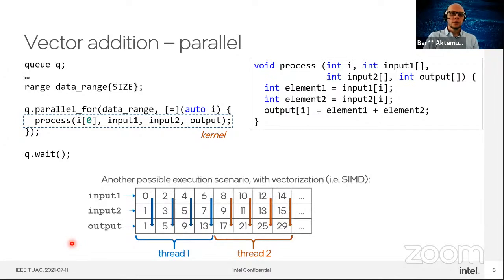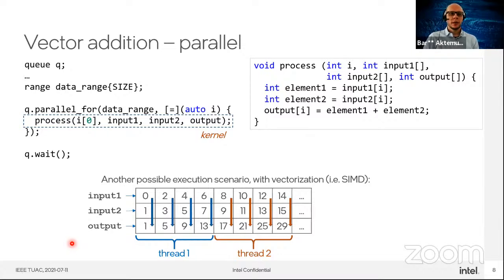How the assignment of threads to data ranges and how they could be vectorized really depends on the devices that we have available on our system. And the nice thing here is that this is done by the SYCL runtime.